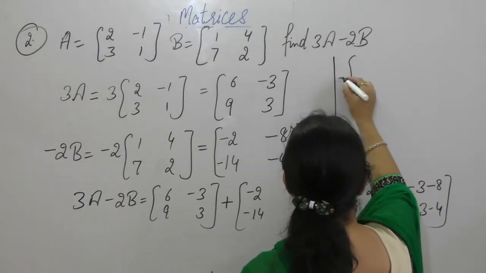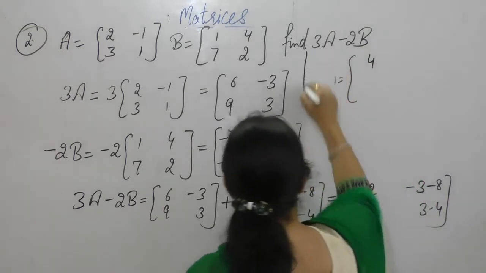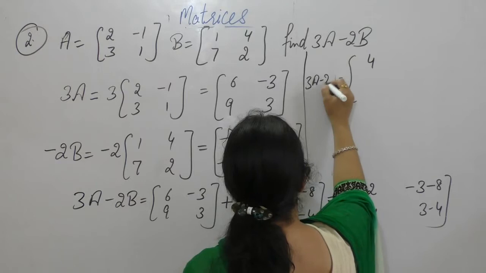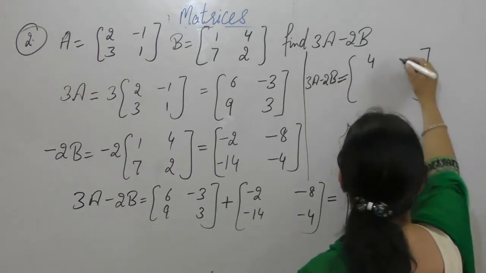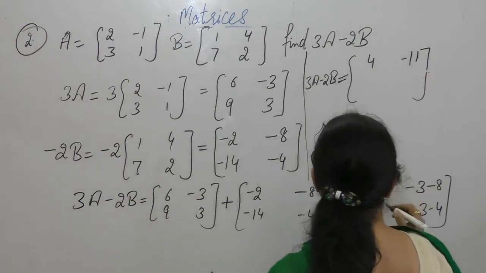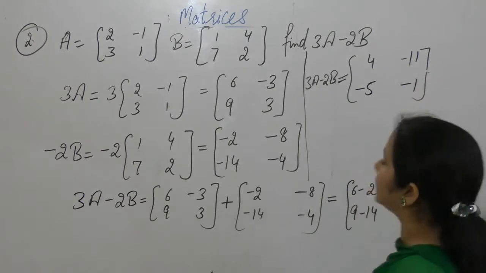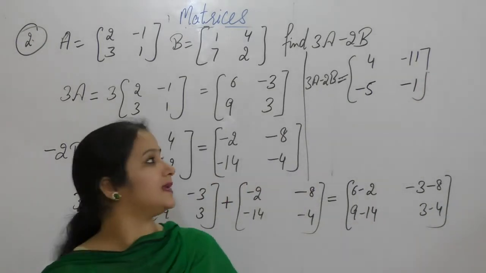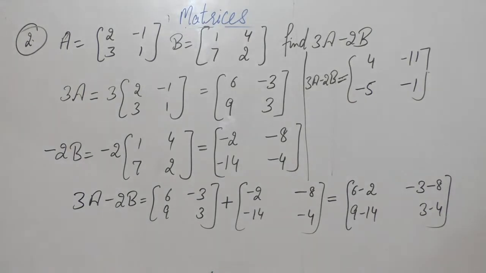So 6 minus 2 is 4, so 3A minus 2B is equal to [4, -11; -5, -1]. Note it down.